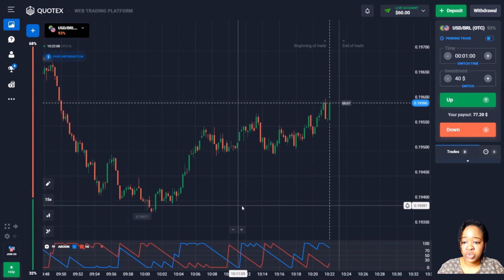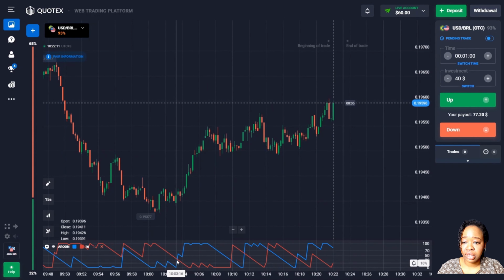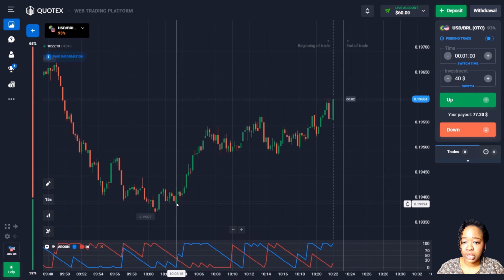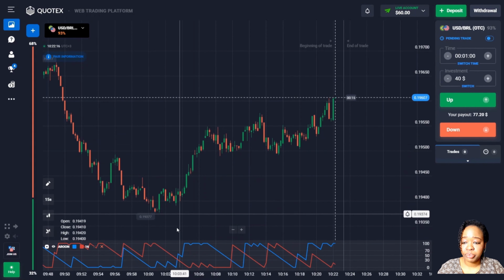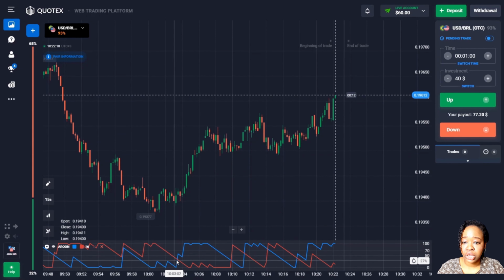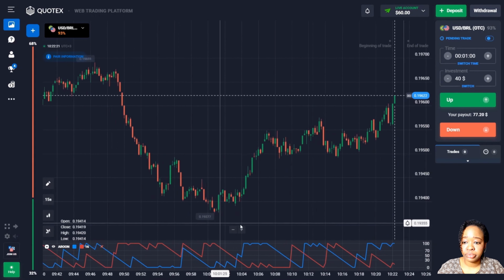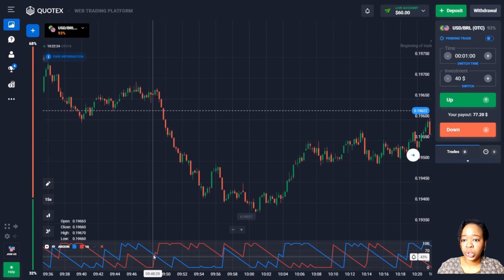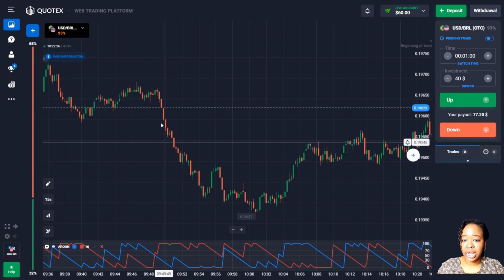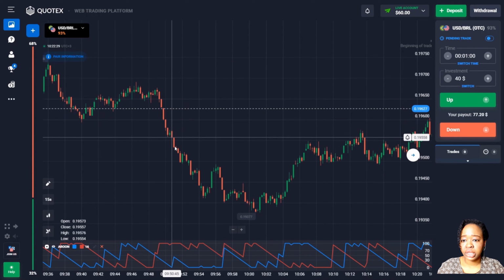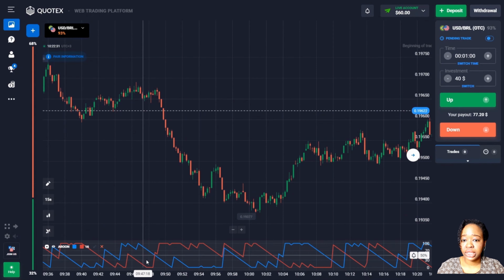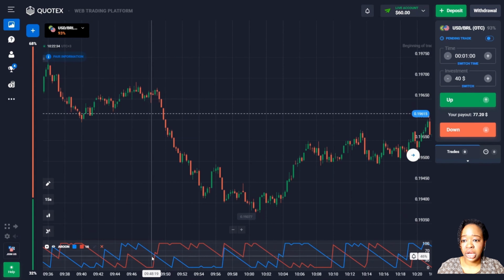So when the moving averages are intersecting each other and the blue line goes up, the price starts to move higher. And after this intersection, you can open an up trade. And also vice versa: when you see the red line go up, an intersection appears and the price starts to move down. In this situation, you can open a down trade.